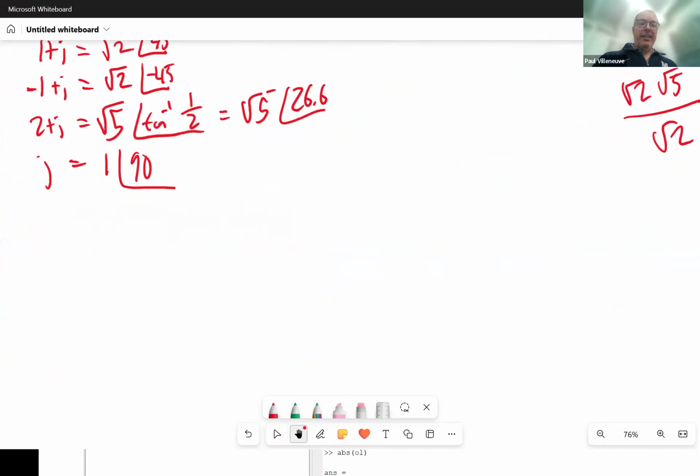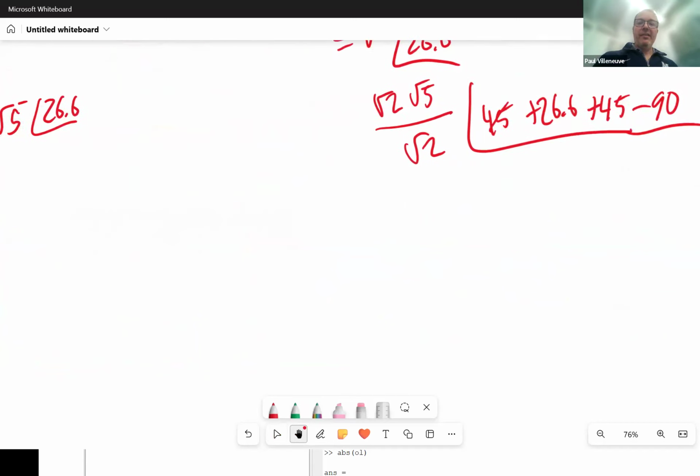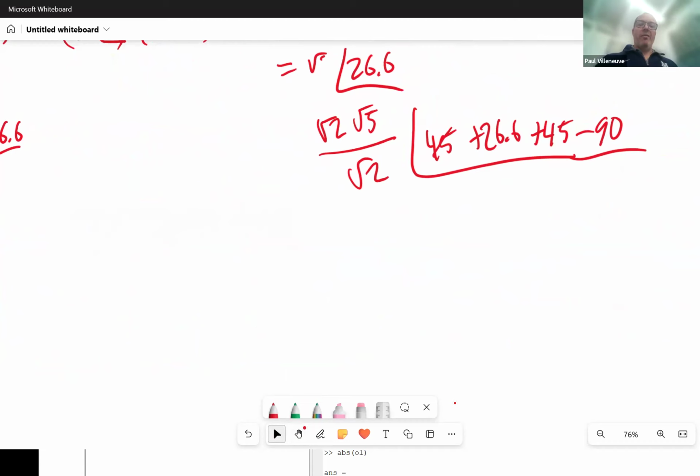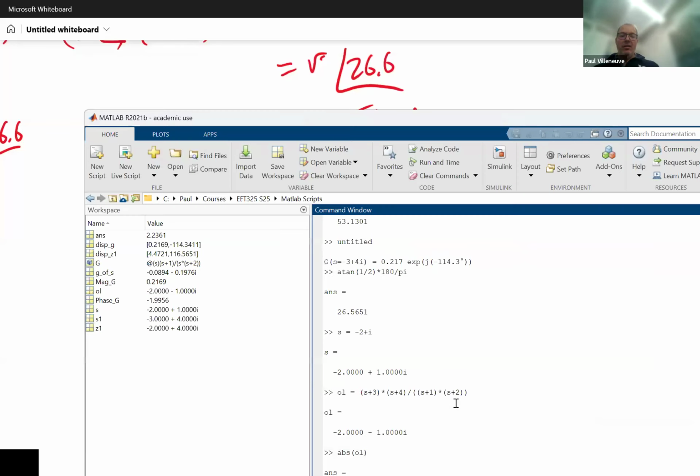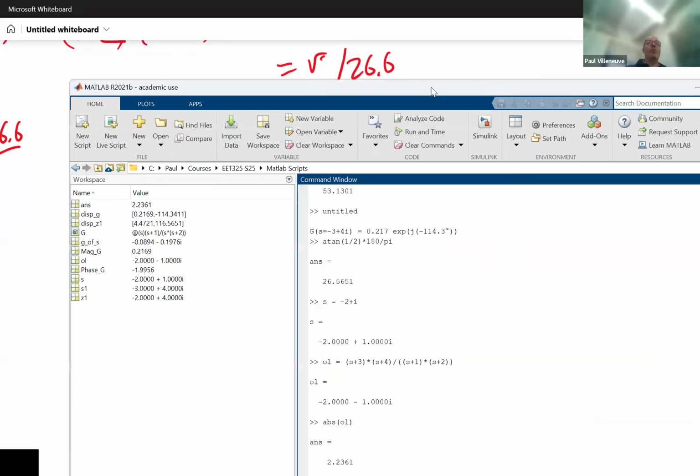So my final answer is the square root of 5, because these cancel. It's the square root of 5 at an angle of 26.6. So the open loop magnitude is 2.236. What is the square root of 5?